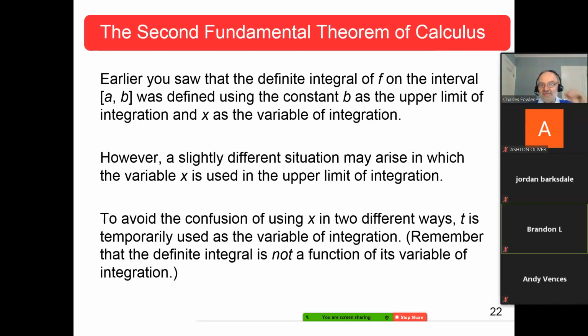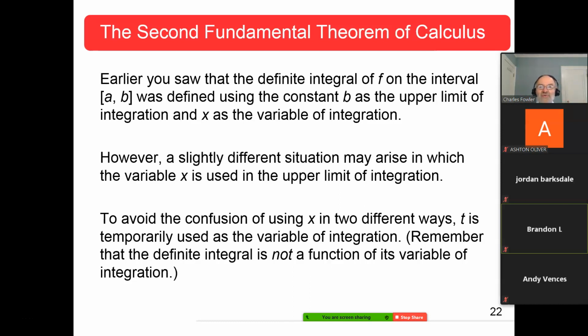Earlier you saw the definite integral of f on the interval a to b defined using the constant b as the upper limit of integration and x as the variable of integration. However, a slightly different situation may arise when the variable x is used as the upper limit of integration. Now what that means is you can't have x in the integral then.